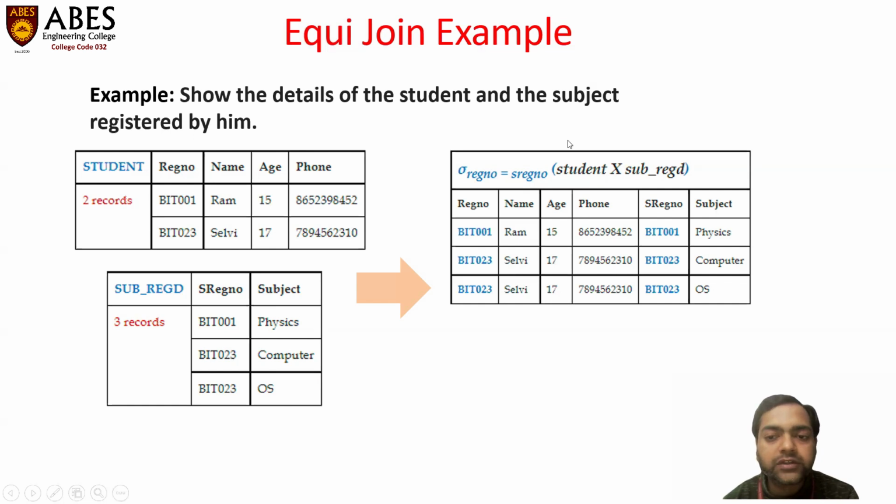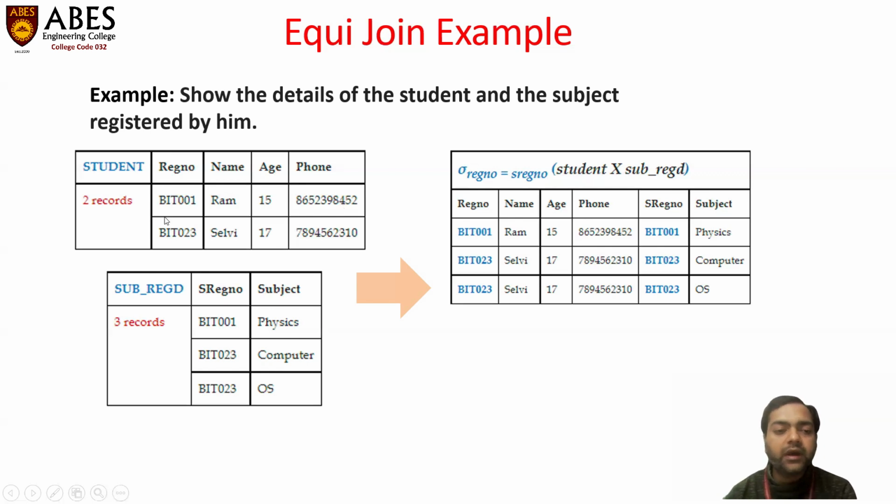First of all, we have to apply the cross product onto these two tables, student and subject registration, right? After applying the cross product, we apply the sigma or select operator with this equal operator condition. What is this condition? Registration number equals S registration number, right?